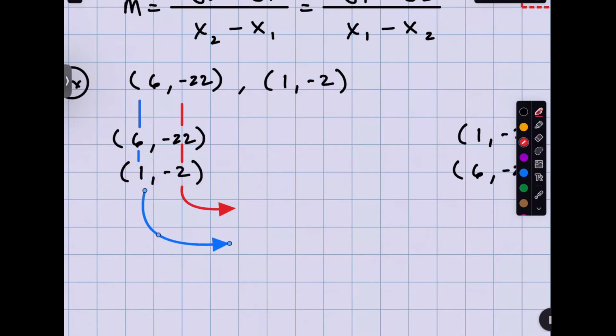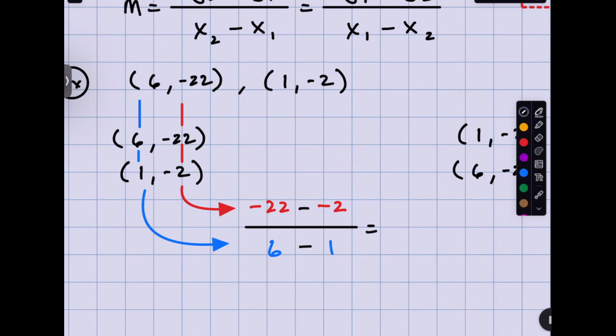So I see negative 22, negative 2, I see 6, then I see 1, then I subtract them, then I finish off. What is negative 22 minus 2? Minus the negative 2. That is the biggest mistake that people make: they forget about the subtraction. And this is why I like to put it in different colors so that you can see exactly what's going on. So what's negative 22 minus the negative 2?